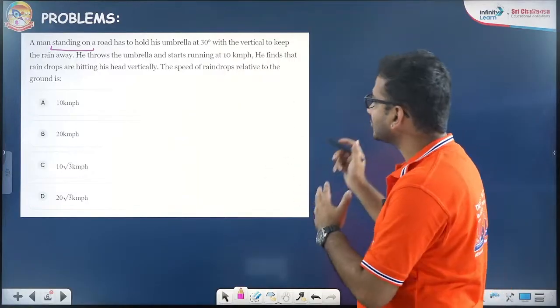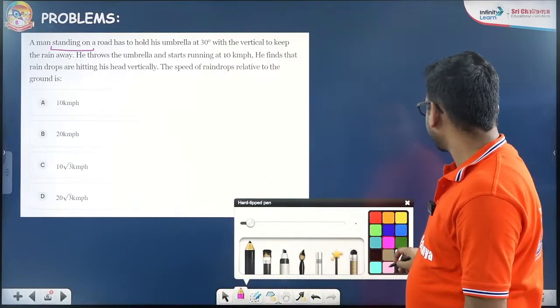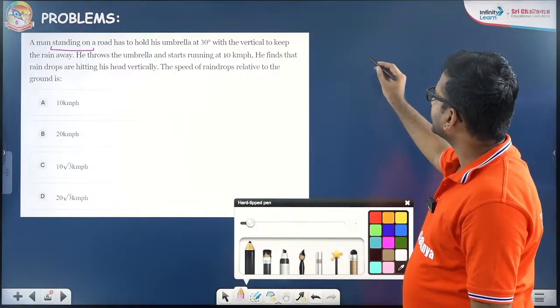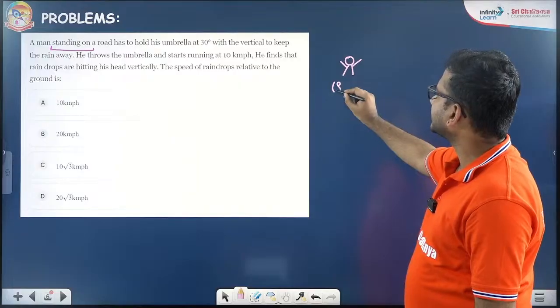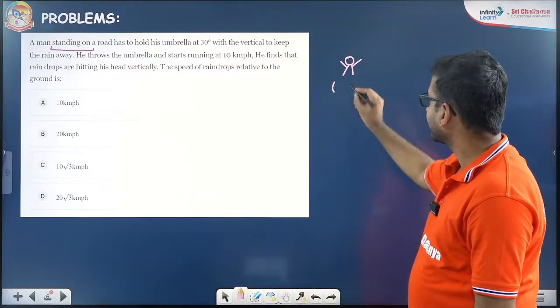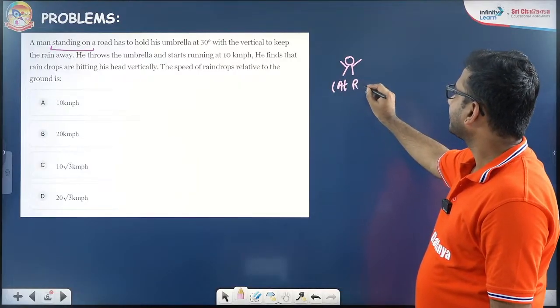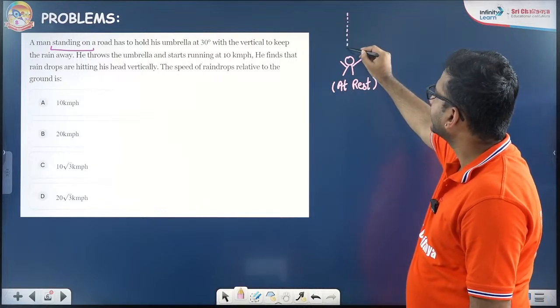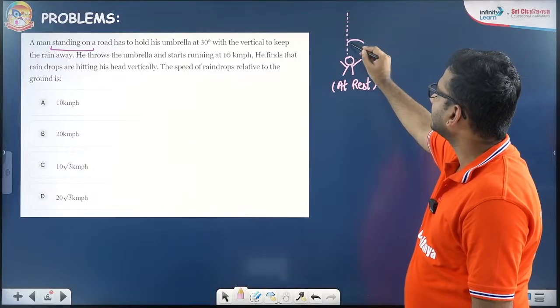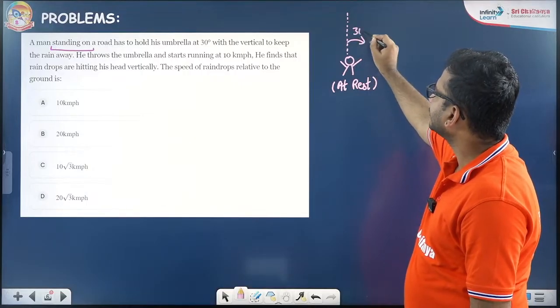That's why the man has to hold the umbrella 30 degrees with the vertical. Let me draw the situation for you. So there is this man. This man is standing at rest, and he has to hold his umbrella 30 degrees with the vertical.